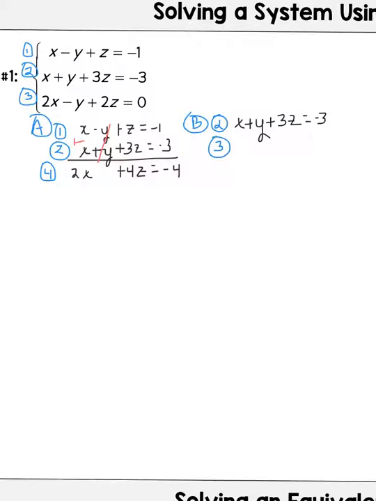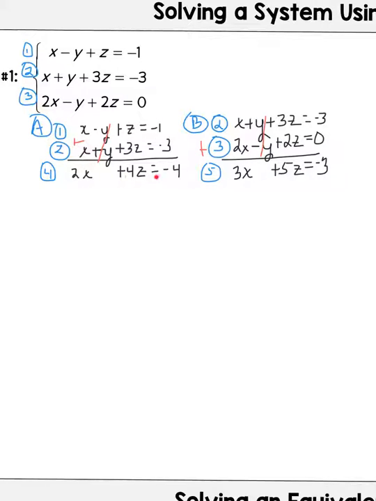And I have for equation 3, 2x minus y plus 2z equals 0. And if I add those exactly as I see them, the y's cancel. X plus 2x is 3x. 3z plus 2z is 5z equals negative 3 plus 0 is negative 3. So now I've created a fifth equation.